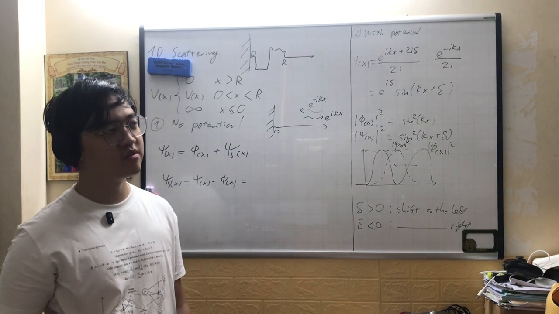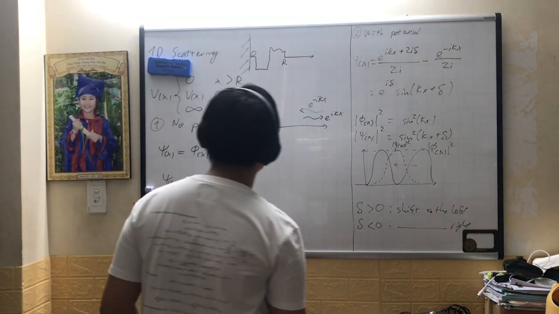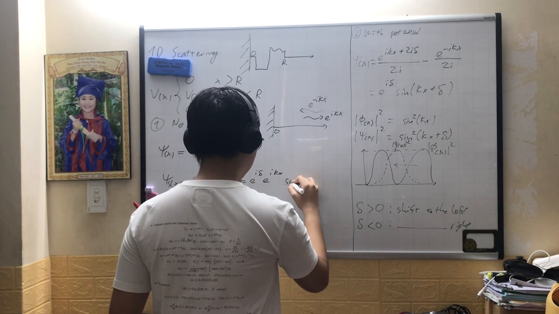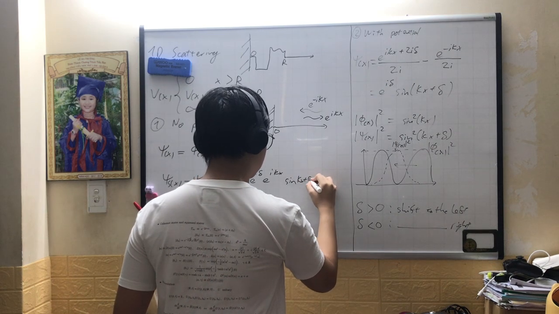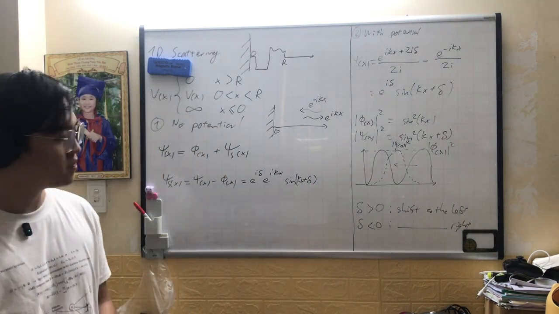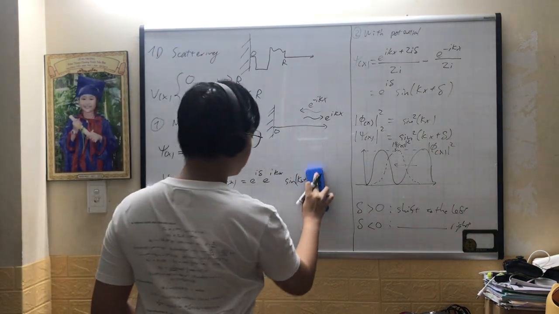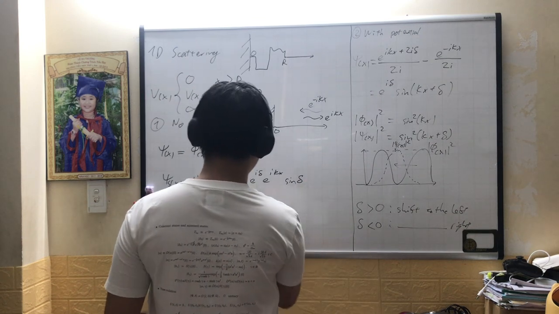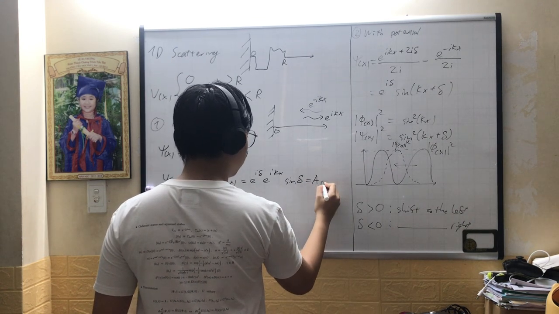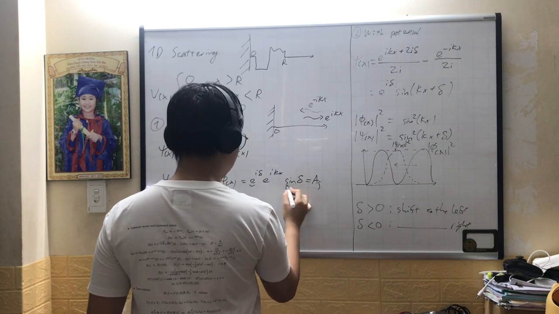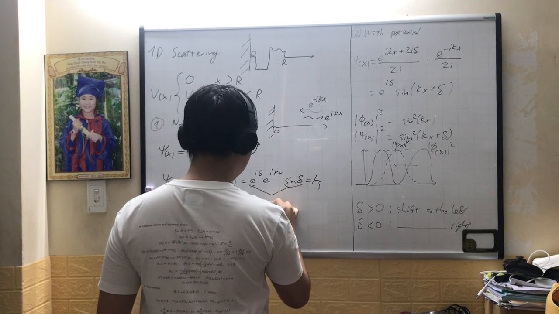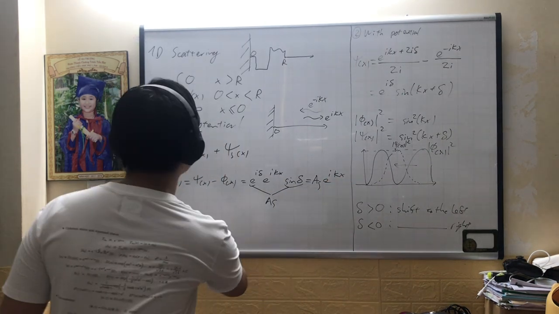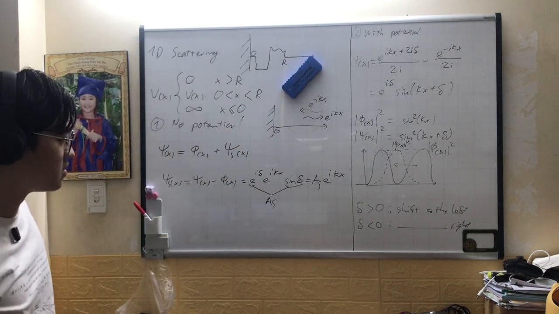It is purely a function of delta, a sine delta, and people group this as A_S. So that is your definition of the scattered wave.